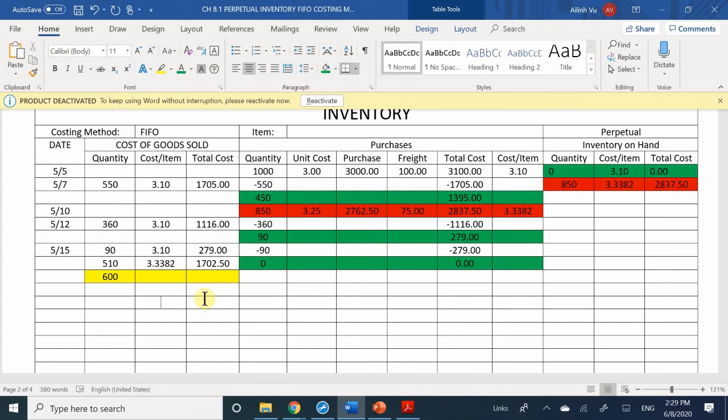Because I didn't round, I took this number. So when we move on to Excel, when you calculate it, it's going to keep that whole number. I took that number and multiplied it by the 510, and that's where I get the bigger conclusion that I got 1702.50.